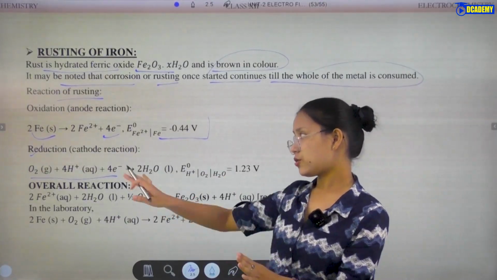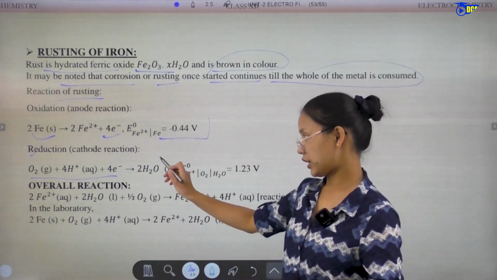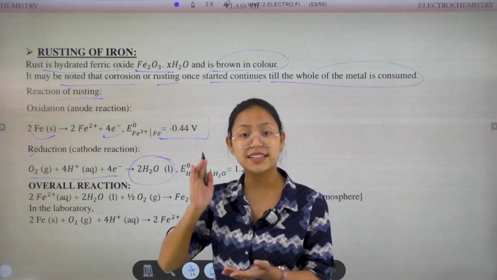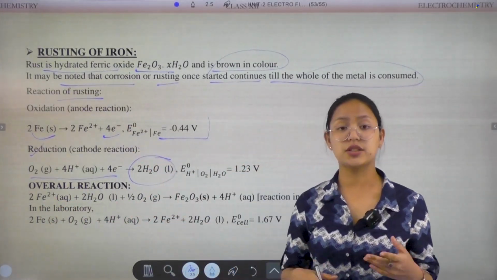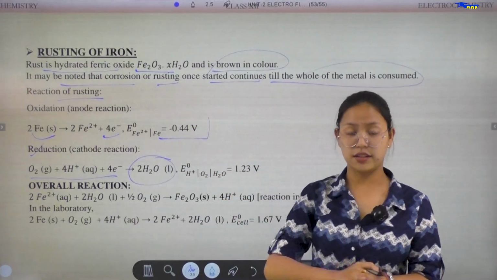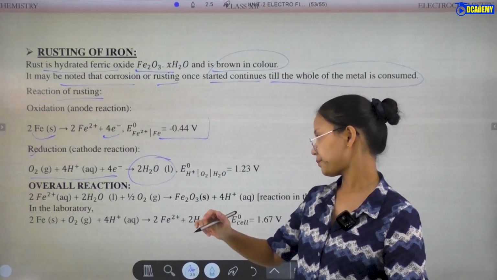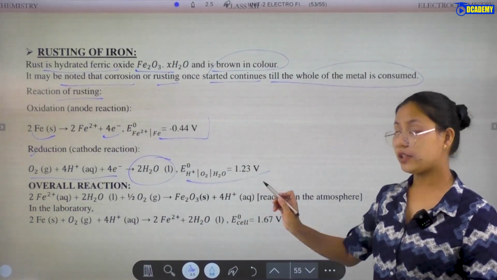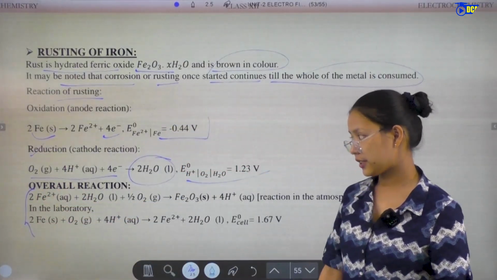Iron undergoes oxidation, and water, oxygen and hydrogen combine, so there is compulsory formation of water. The water reacts with iron and they will compulsorily again form ferric oxide. The electric potential is 1.23 volt. Now let's see the overall reaction.